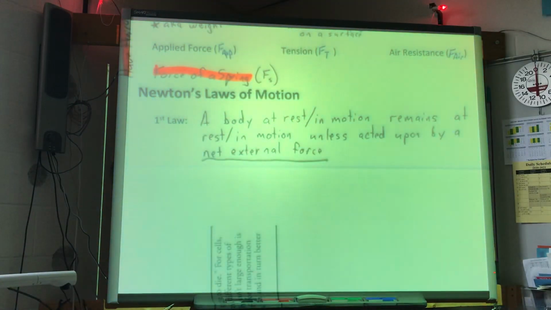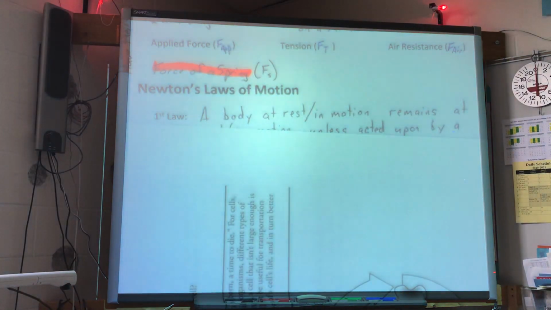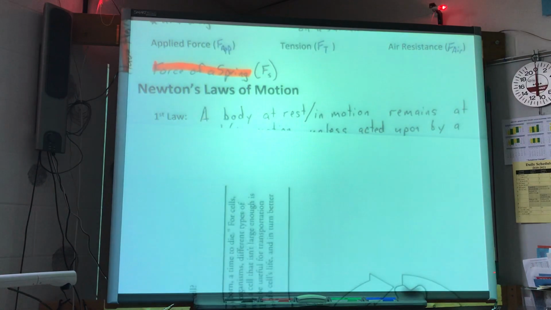Why? Because gravity's pulling it down on the floor, and because gravity's pulling it on the floor, it's causing it to rub against the floor. Therefore, there's friction. But friction is the net external force that would cause that thing to slow down eventually, and not go on and on forever.